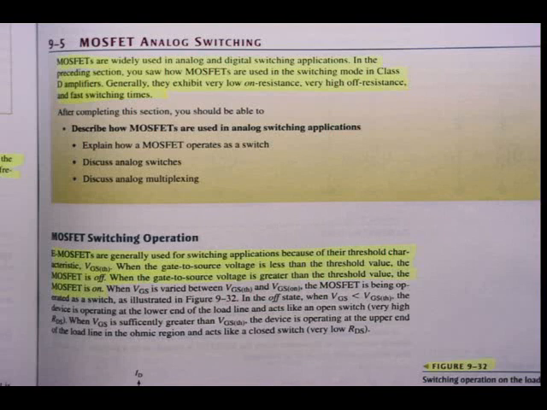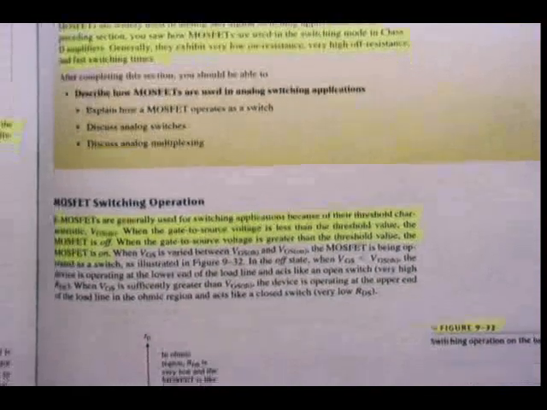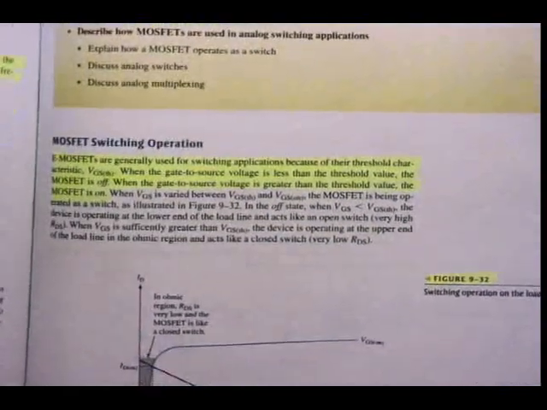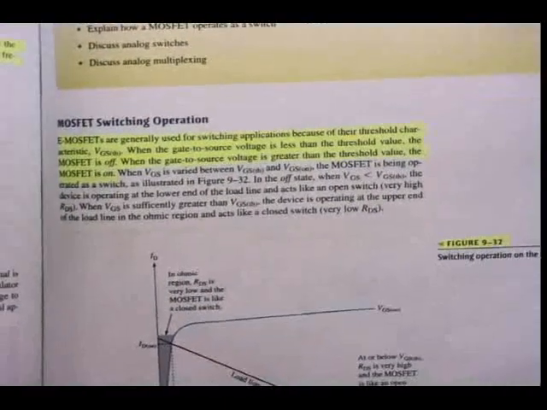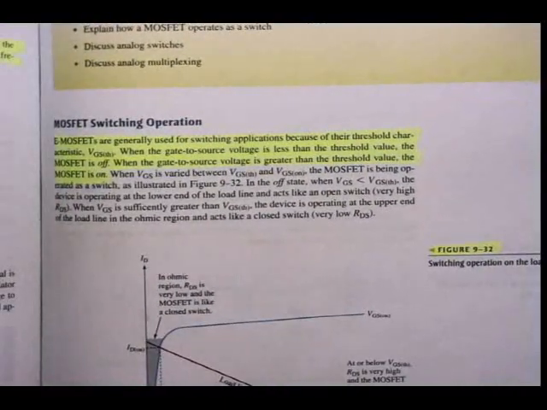In the preceding section, you saw how MOSFETs are used in the switching mode in a Class D amplifier. Generally, they exhibit very low on resistance, very high off resistance, and fast switching times. Exactly what we want from a switch, no? So those characteristics, very important. Anyway, let's have a look at the MOSFET switching operation.